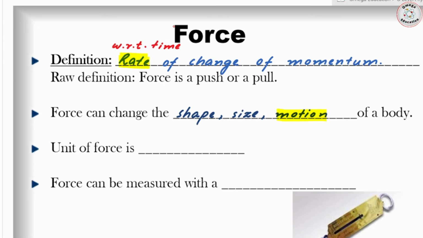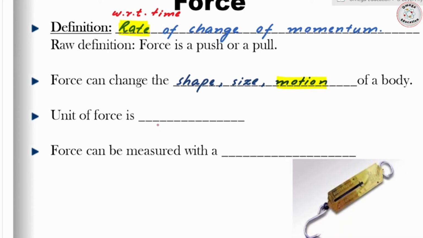Now, the unit of force. The unit of force is newtons, which is represented by the capital N. Like I said, in physics, all the units which are named after scientists are represented by the capital letters.